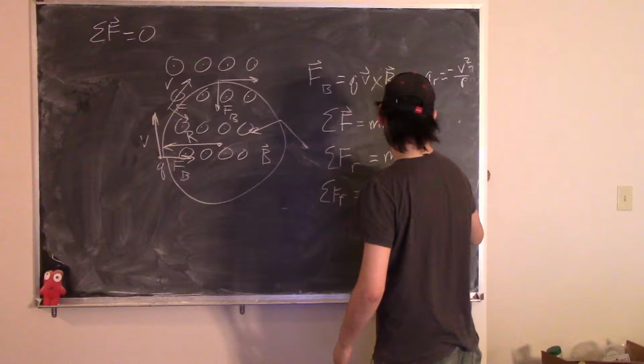I can cancel a factor of the velocity, and then I can solve for what the radius is. I can get rid of my negative signs as well. And so what this says is that the radius is going to be equal to mv divided by qB.